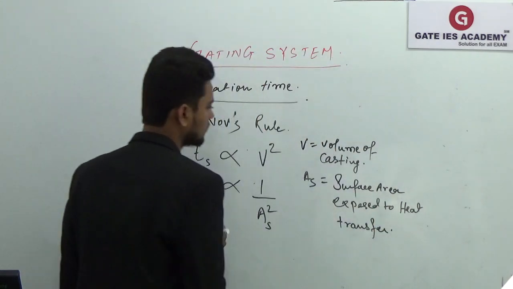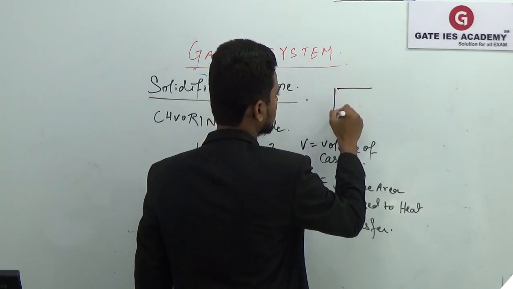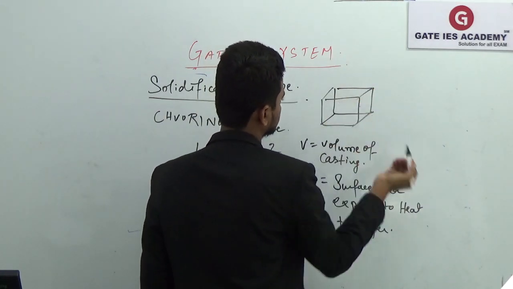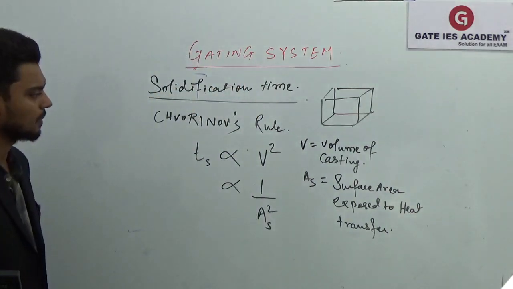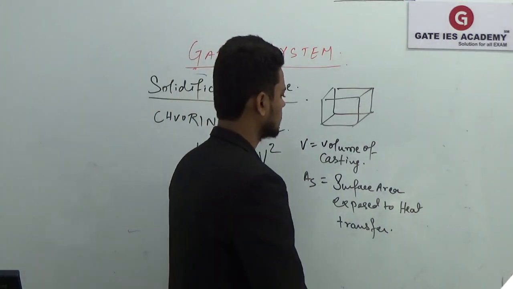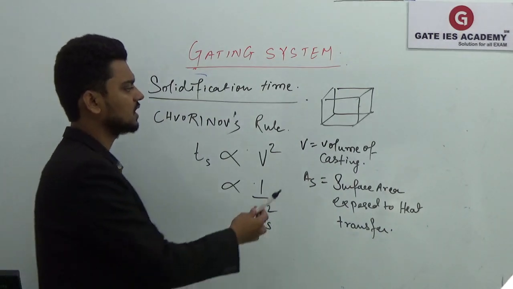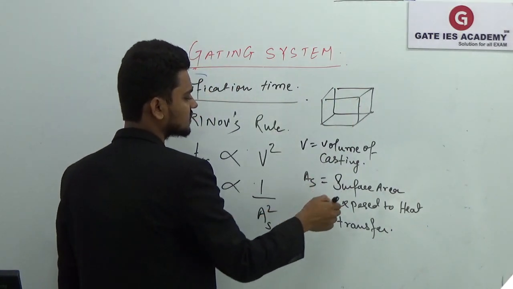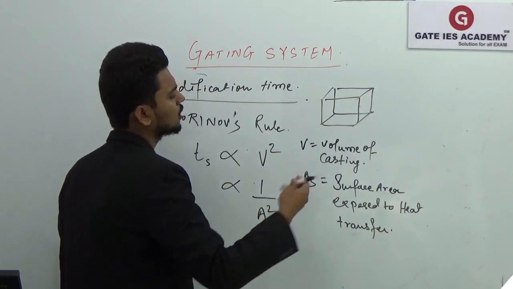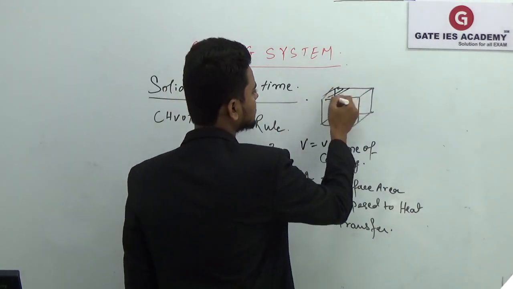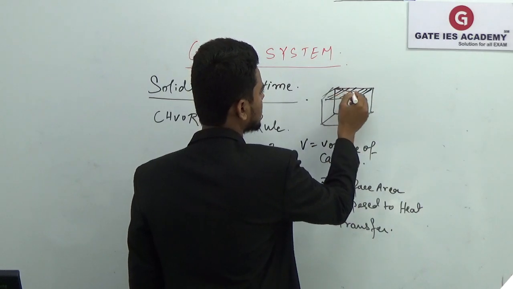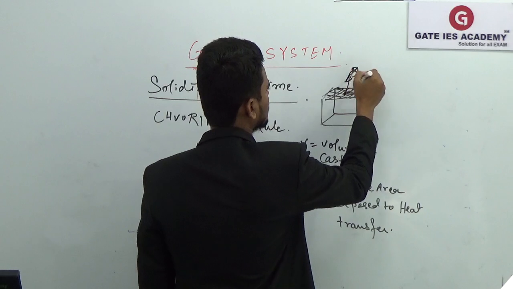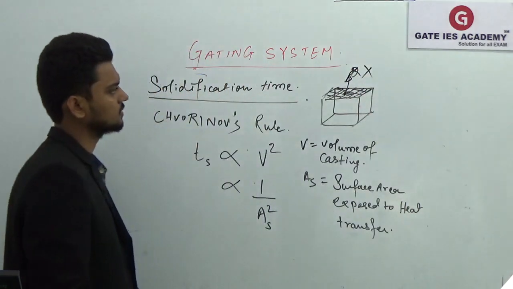So suppose we have to make a cube by using the casting process. V is the volume of that cube, the volume of your casting, and AS is the surface area which is exposed to heat transfer. In some cases the top surface may be insulated, which means there is no heat transfer through the top surface.